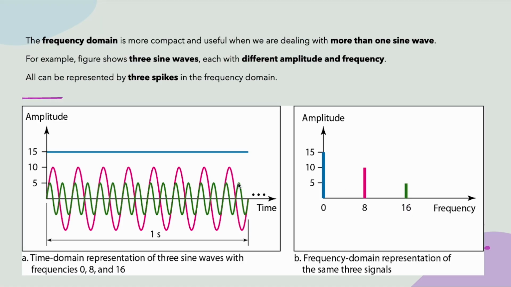Then we have a wave of 8 hertz with an amplitude of 10. And then we have a constant wave, the amplitude of which is 15, but the frequency is 0. So now we have depicted something fairly complicated in the time domain in a very simplistic way in the frequency domain.